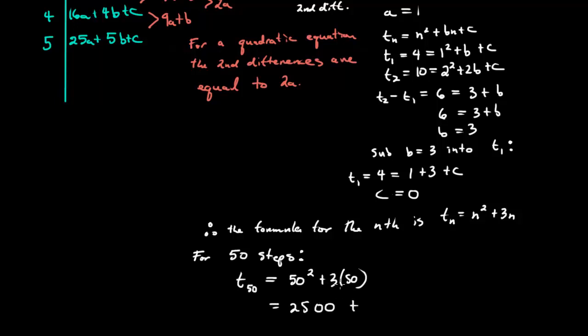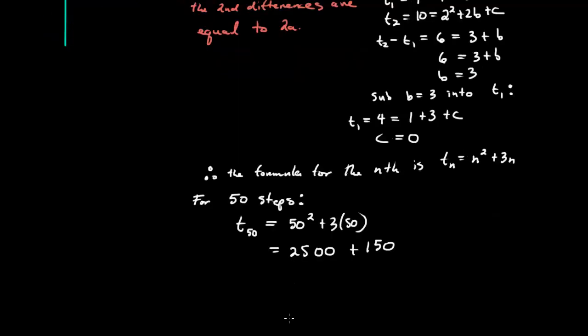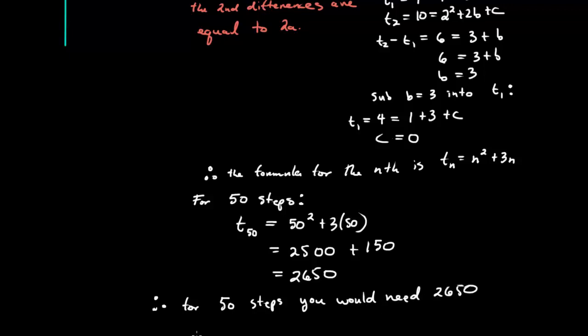And 3 times 50 is 150. So we have that this is equivalent to 2,650. So therefore, for 50 steps, you would need 2,650 toothpicks.